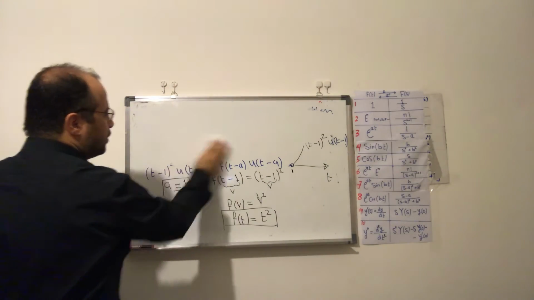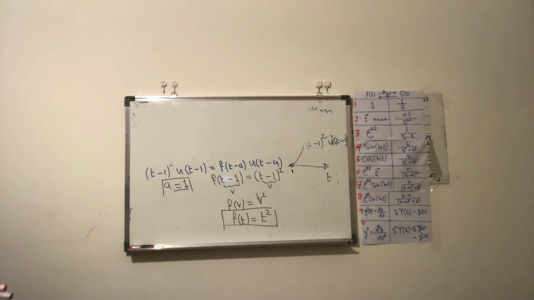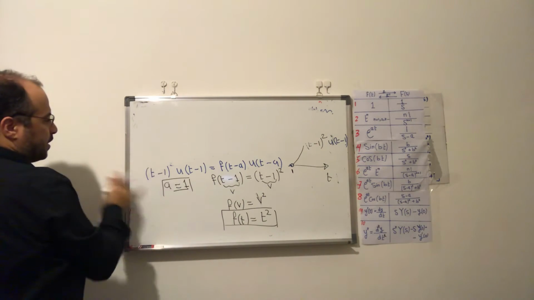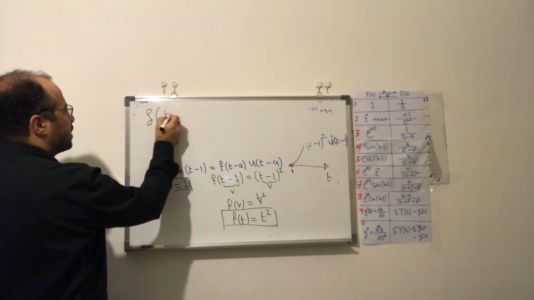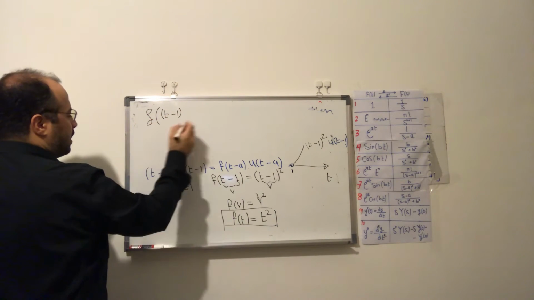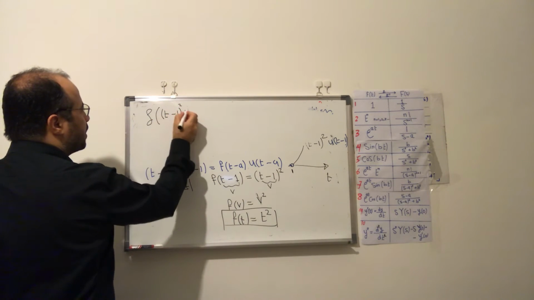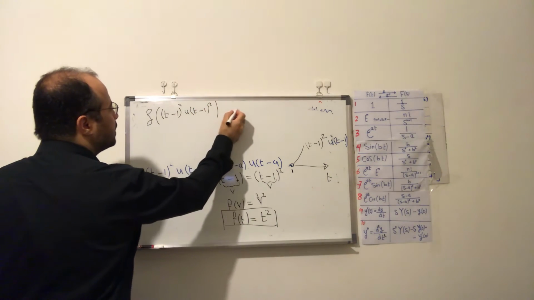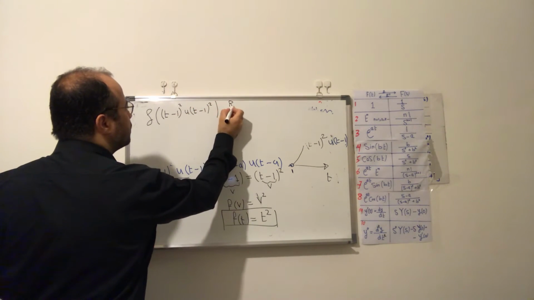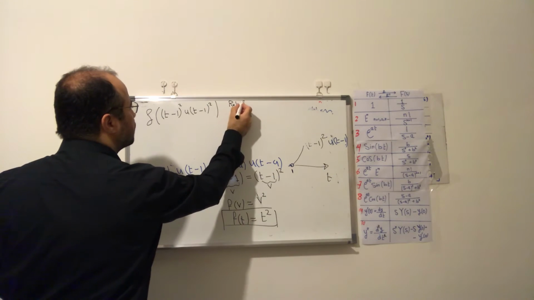Now let me show you how to do the Laplace transform for this thing, t minus 1 squared times u(t minus 1). I'm using rule number 3.